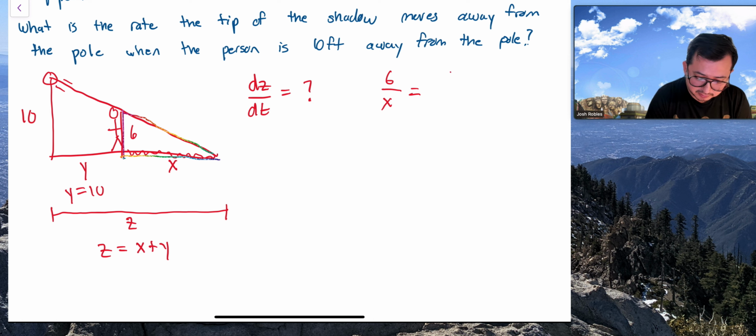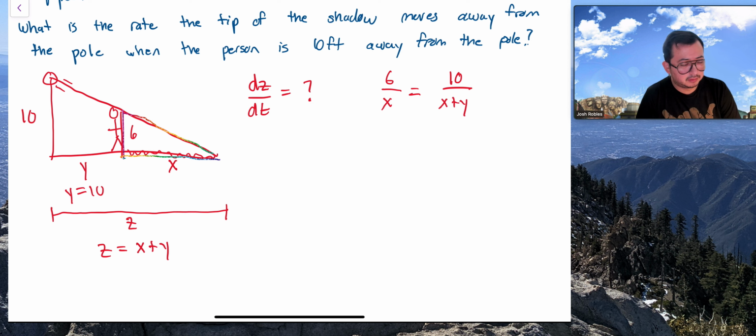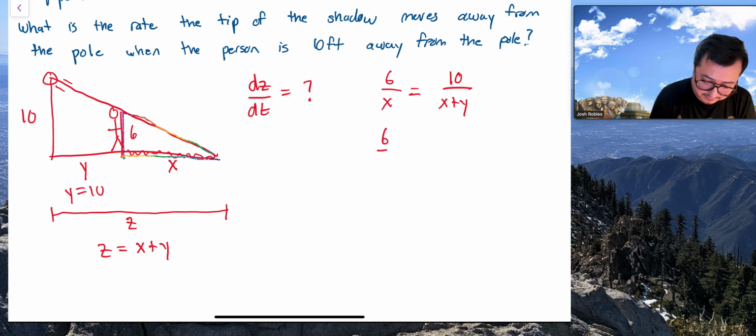And then that would be similar to 10, right? Similar means there's a ratio there. 10 divided by x plus y, or possibly z. The question did ask us for effectively dz/dt, and so I probably should make that z instead. So it's 6 over x is 10 over z.